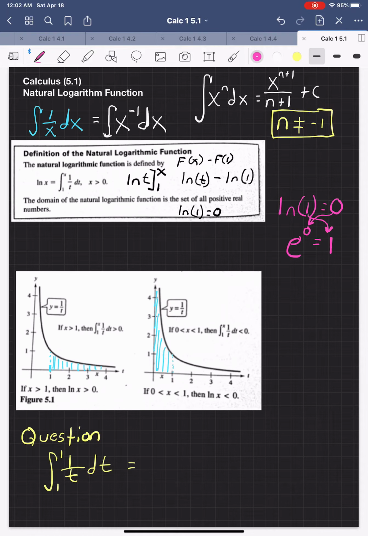I shouldn't speak in absolutes, aside from talking about 0 to the power of 0 or infinity or something like that, but anything to the power of 0 is 1. So if e to the power of 0 is 1, then that would mean that your ln of 1 is going to be equal to 0, right?